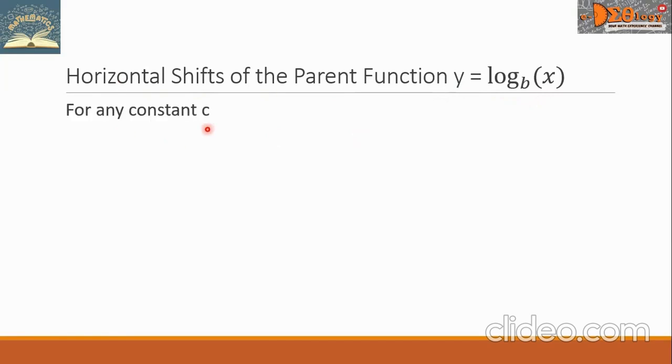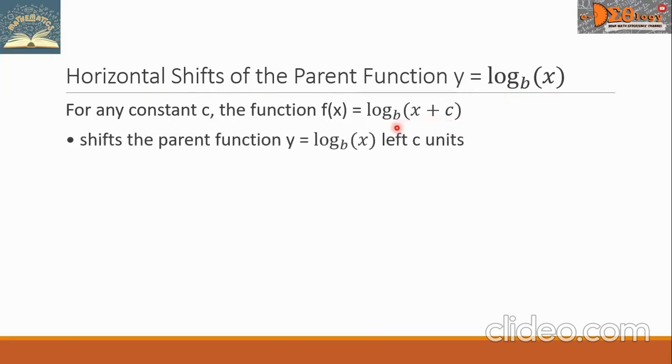For any constant c, the function f of x equals log of the quantity x plus c to base b shifts the parent function y equals log of x to base b to the left c units.